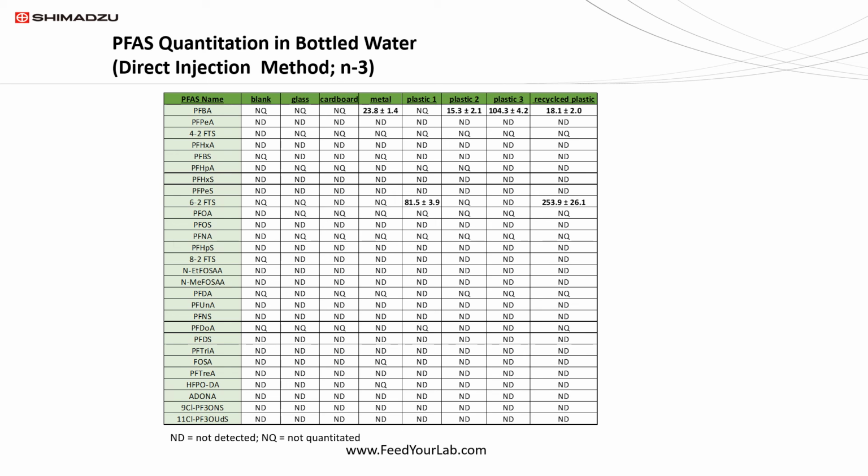You can see here in the table that the good news is that in most of the samples we looked at, we didn't see or quantitate any kind of PFAS. Our method detection limit was around 5 parts per trillion, and we only saw two of the PFAS, the PFBA and the 6,2-FTS, in a few of the samples.